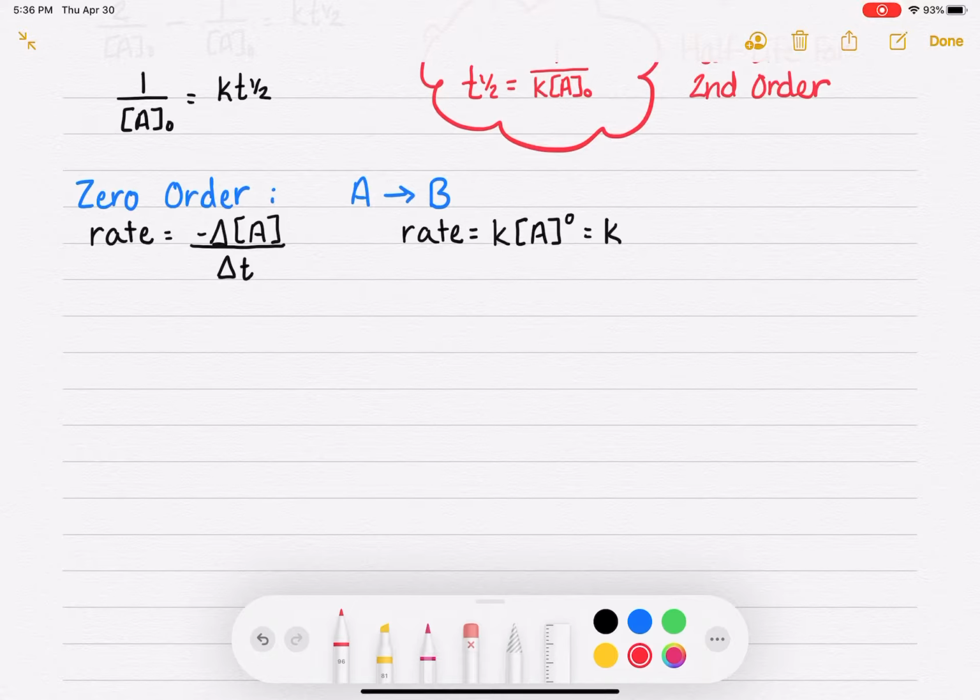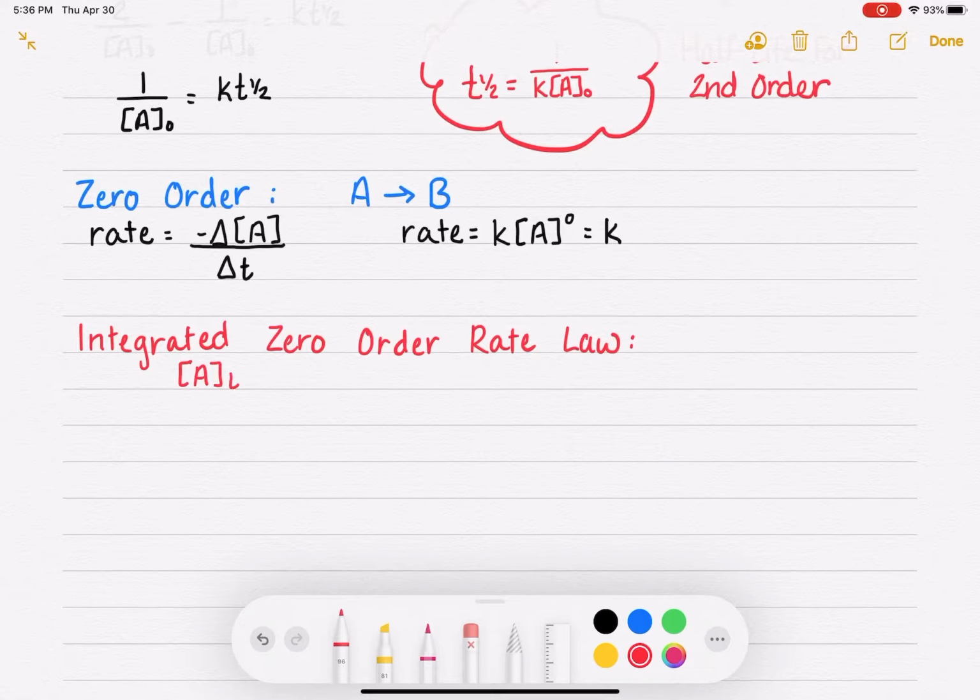If you wanted to do the calculus on this, this one's actually pretty easy to do. We would come up with our integrated zero order rate law. And it is the concentration of A at any given time, little t, is equal to negative kt, that's time, plus the initial concentration, A sub 0.